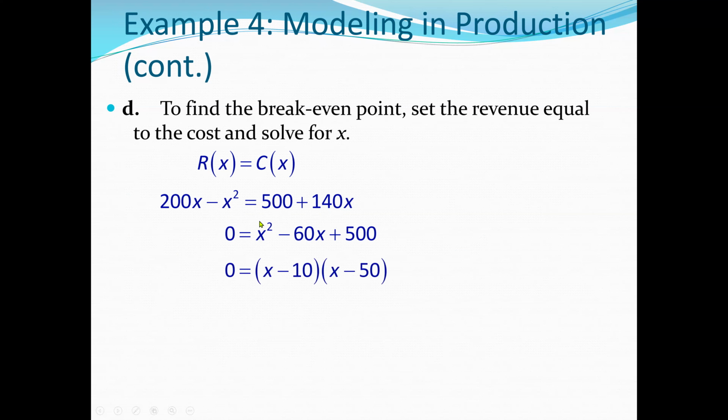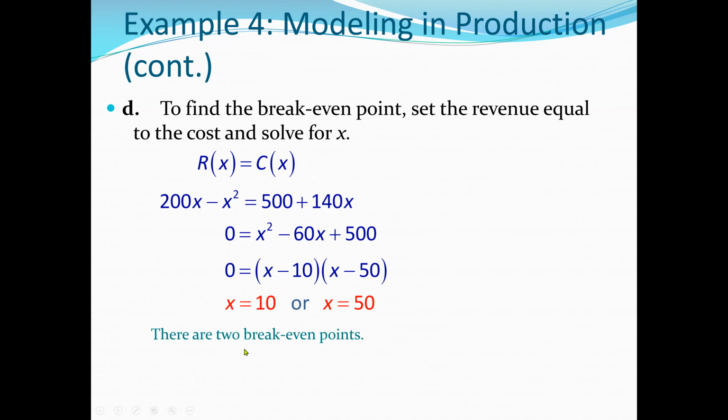So here we can factorize. We use minus 10 and minus 50 because minus 10 times minus 50 will give me plus 500. Minus 10, minus 50 combined together will give me minus 60. So this means our X value will be 10 or 50.